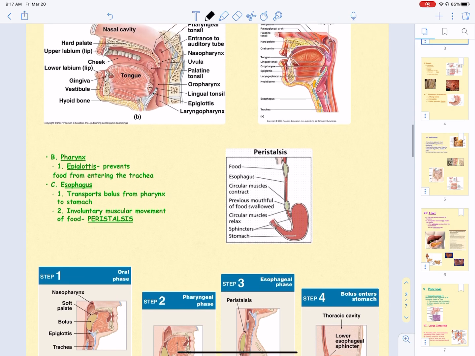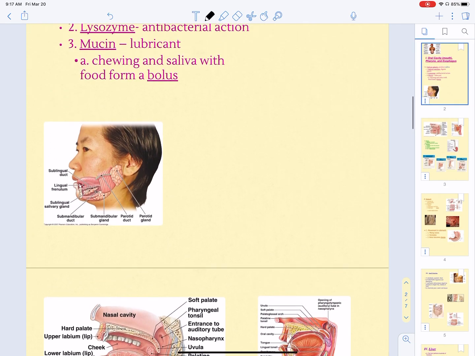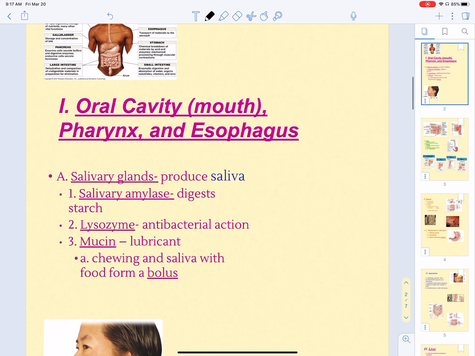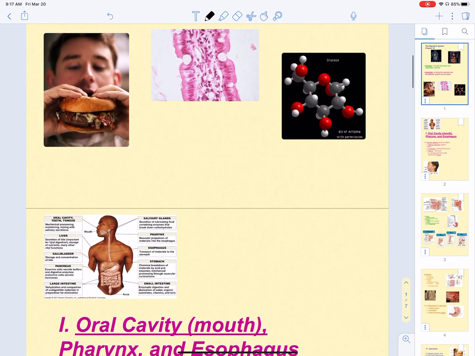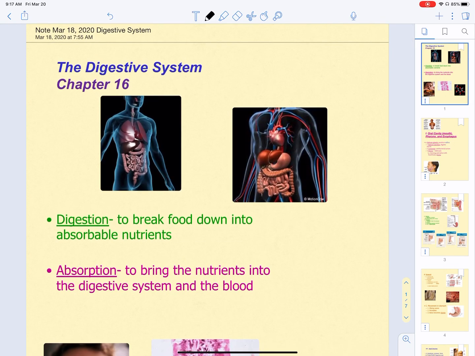So the mouth or the oral cavity is going to have 3 parts: the esophagus, the pharynx, as well as the oral cavity. And we are going to be looking at all of them in order to understand the digestive system.